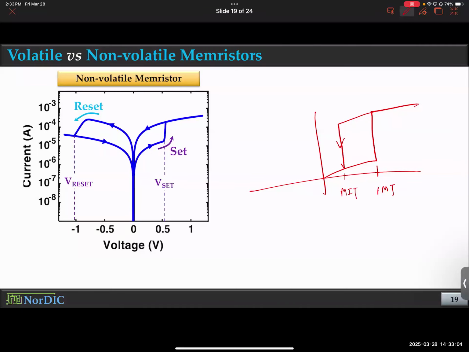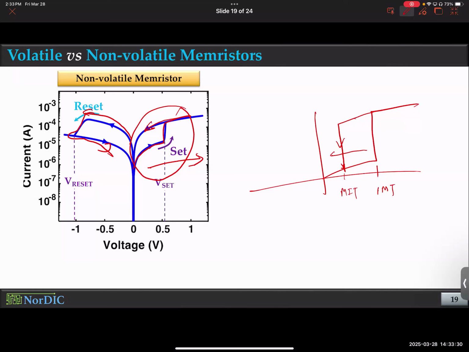For this memristor, once you switch to low resistance state, you can never switch it back to high resistance state as long as you don't change the polarity. See the point here? You have to go and apply a voltage on the other polarity so that it goes back to high resistance state. But not for this one. All you have to do is reduce your voltage below a critical level.